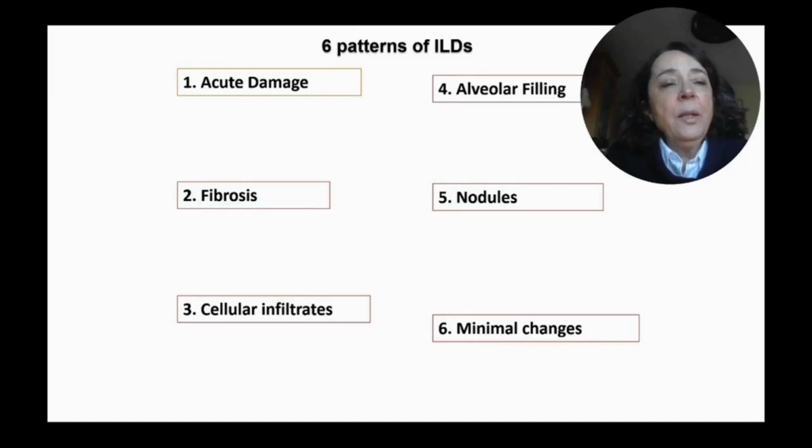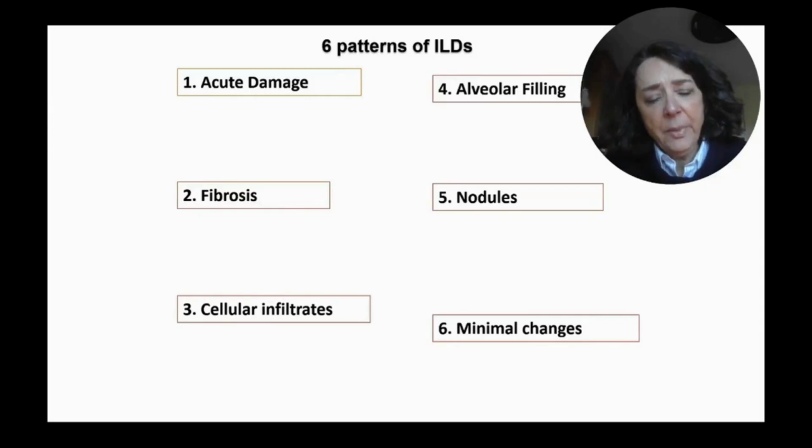So I have been using, mainly because I went to Mayo Clinic in Arizona, these patterns my whole professional life, because I thought it was the only way for me to learn how to diagnose ILDs.